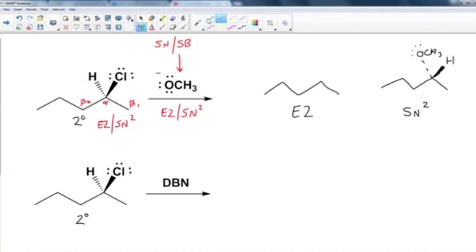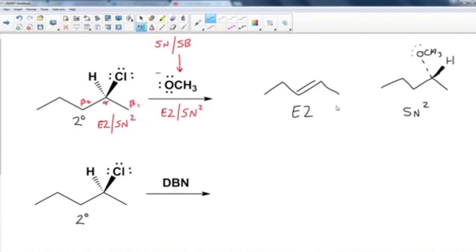Proton abstraction from beta 1 gives an alkene between alpha and beta 1, while between alpha and beta 2 would give a disubstituted alkene. So, according to Zaitsev's rule, because we want to form the most stable alkene product we can, that's what we will draw.